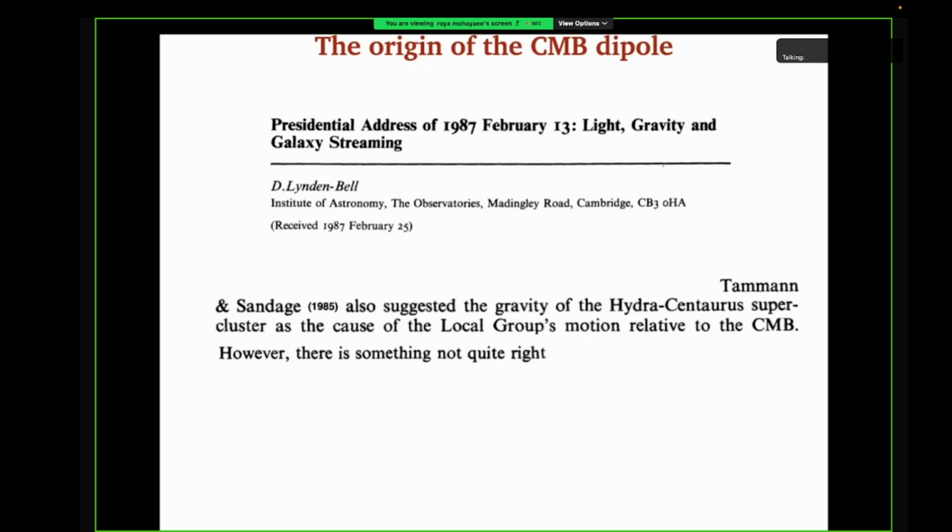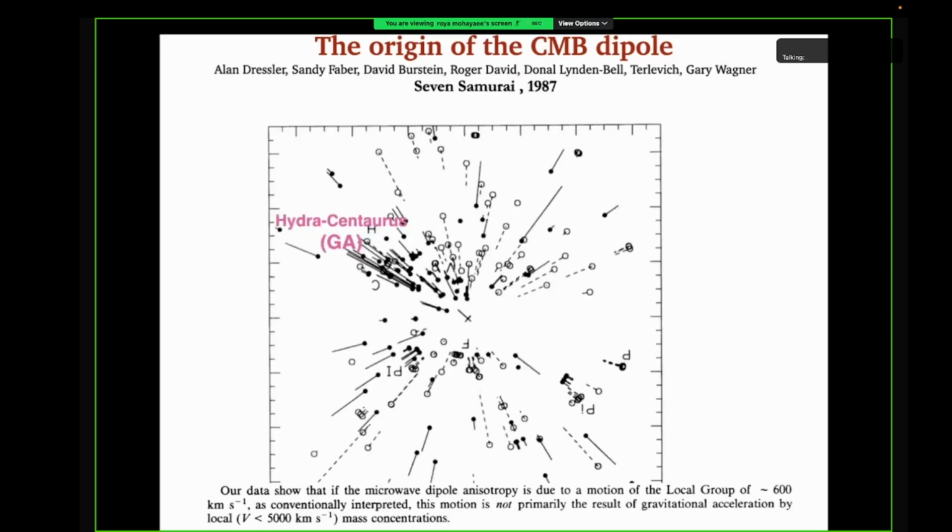Until Lynden-Bell, who was always ahead of his time, came and said, well, I don't think so. The great attractor and Virgo are not enough to explain the origin of the CMB dipole. And then there came this paper that became very well known as the paper of the Seven Samurai, showing exactly that, in fact, you need to go beyond the great attractor to explain the origin of the CMB dipole.